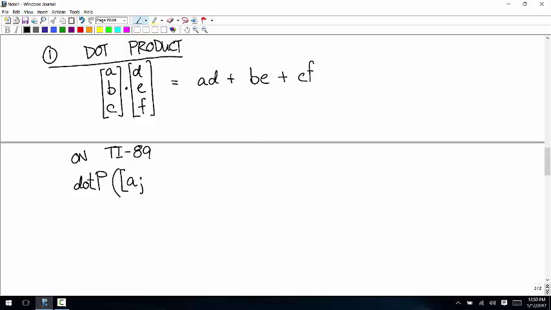As the argument, put in your two vectors separated by a comma. And it'll give you the answer. And just like with all the other stuff, if your calculator doesn't have that built in, let's put it on there. And then you never have to enter this stuff.